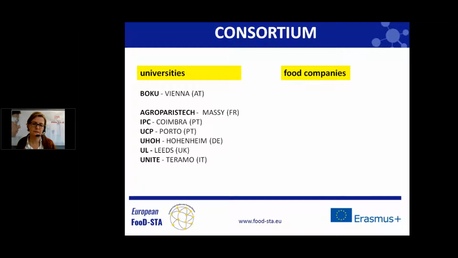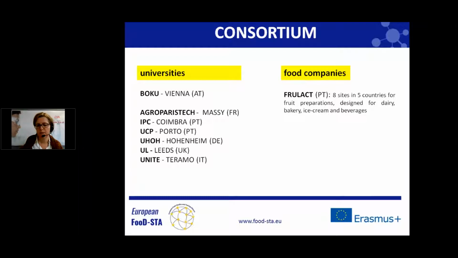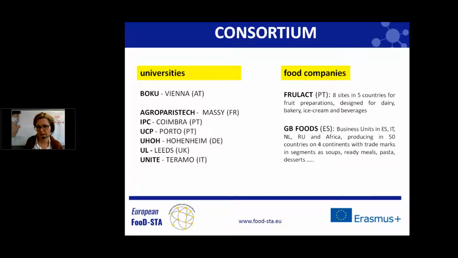Among the universities from the consortium, there is the BOKU, University of Natural Resources, then there's AgroParisTech, IPC in Portugal, UCP in Portugal, the University of Hohenheim in Germany, University of Leeds in the UK, and the University of Teramo in Italy. Among the food companies involved are Frulact and GB Foods in Portugal and Spain. A cooperative partner is Nestlé.